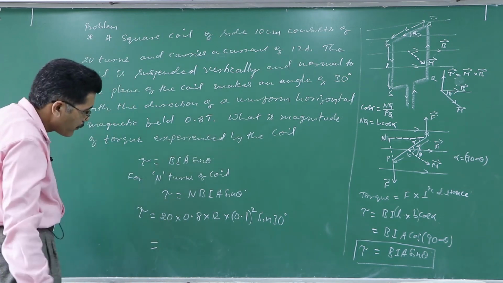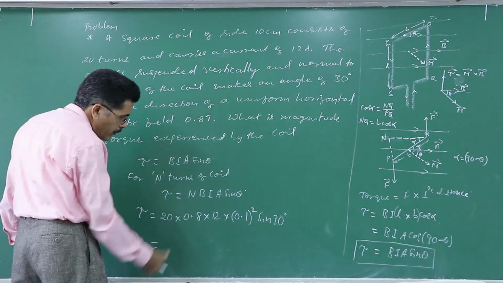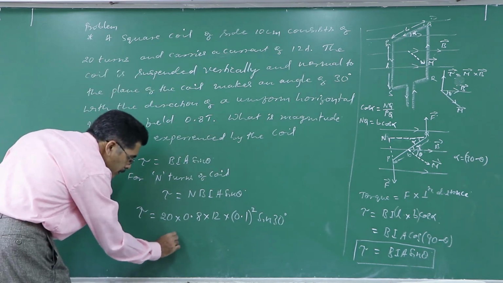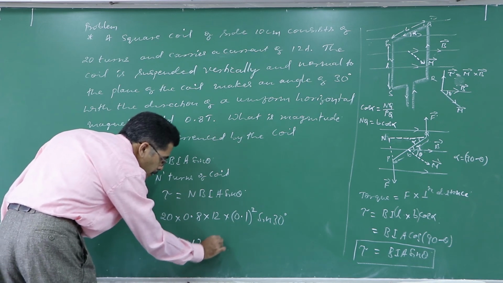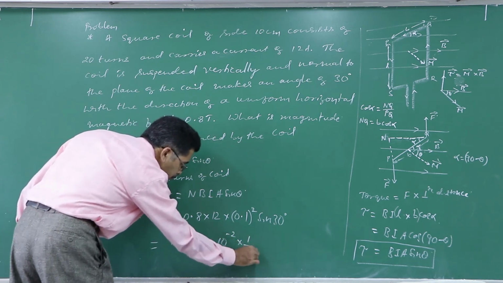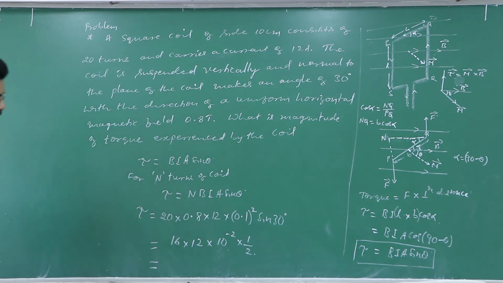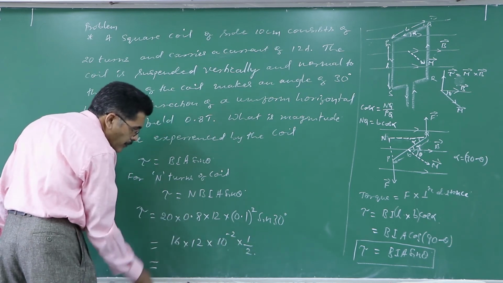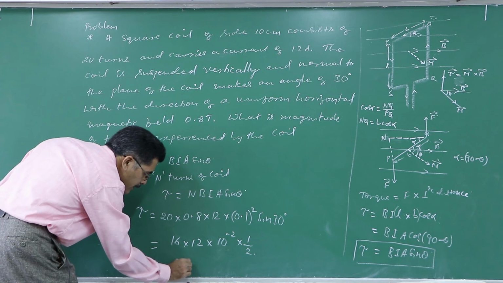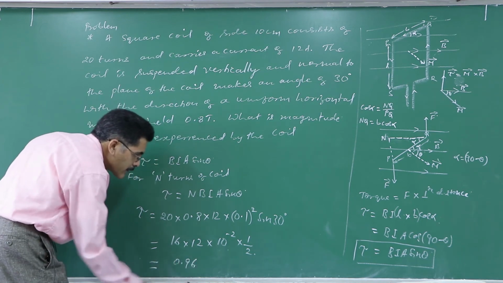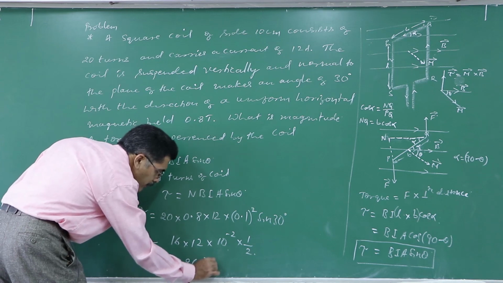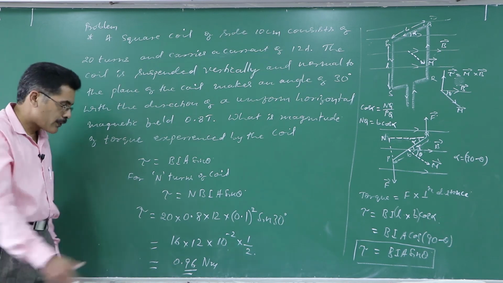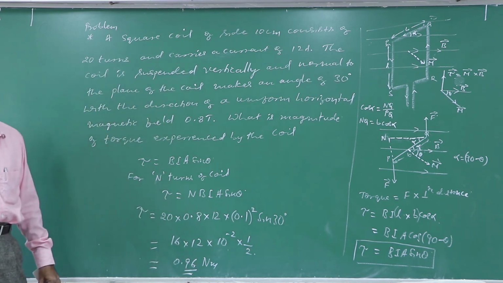Sin 30 is 1 by 2. So 16 into 12 into 10 raised to minus 2 into 1 by 2. You please substitute. This is 0.96 Newton meter. See, therefore, the torque acting on the square loop is 0.96 Newton meter. Have you understood?